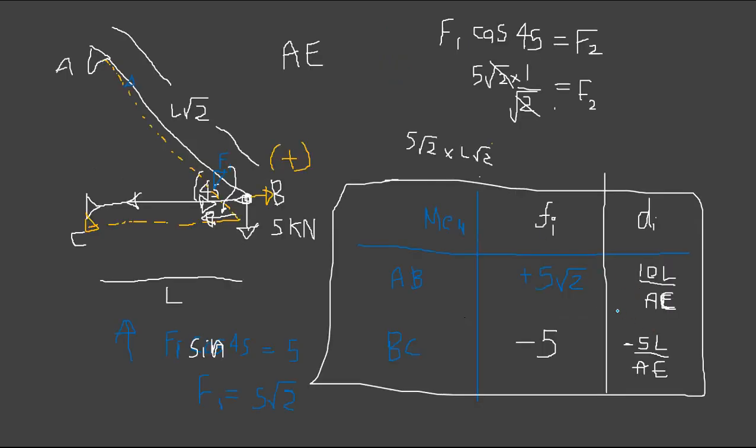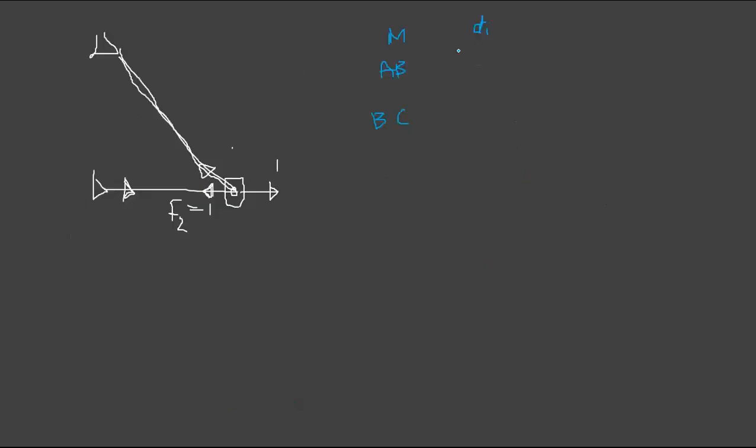So the displacement is 10L over AE and minus 5L over AE. Why minus? The compression force is negative, right? Okay. So these are the actual displacements. So those are not going to change, right?